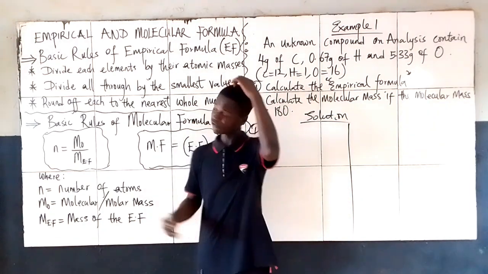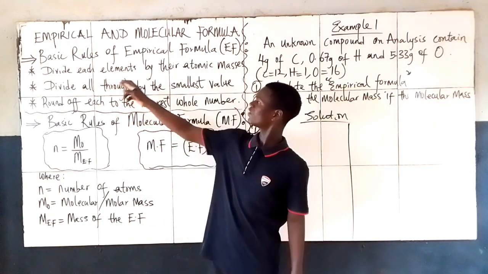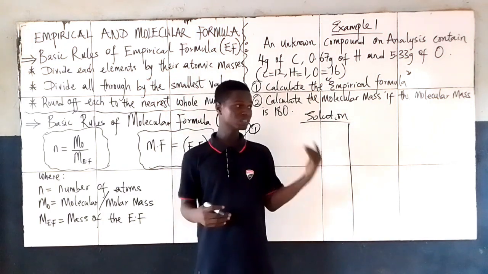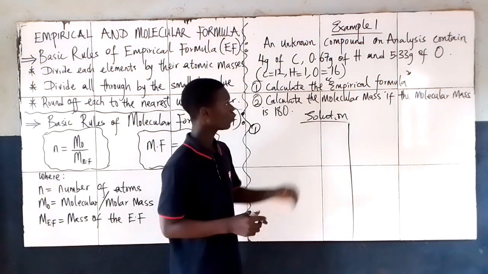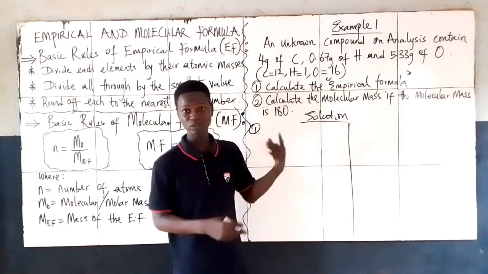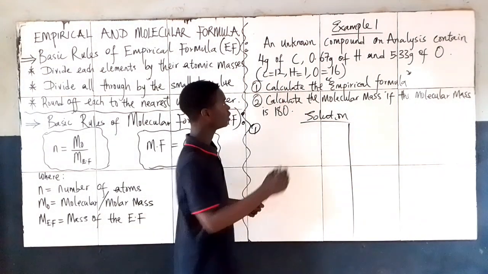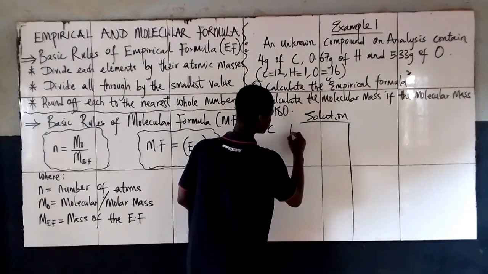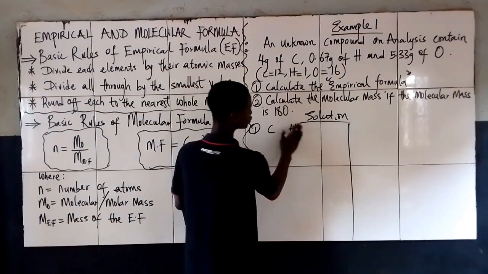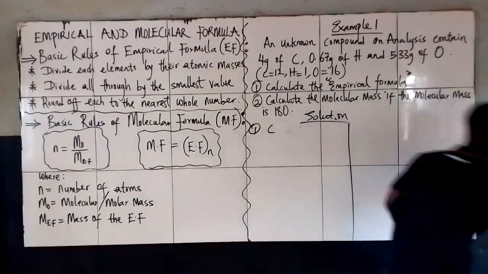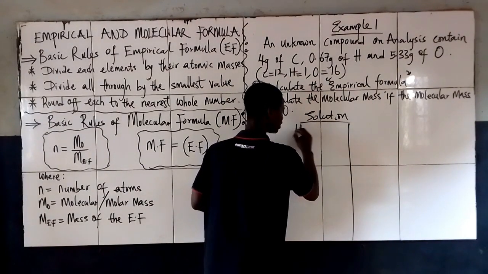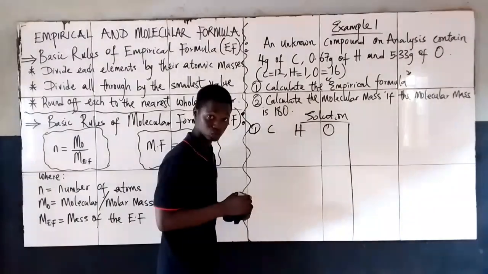So let's get started. The first rule said, divide each element by their atomic masses. Before we do that, what are the elements given? What are the elements that we were told are found in this unknown compound? We were told that carbon is present. We were also told that hydrogen is present. And lastly, we were told that oxygen is present. So we have carbon, hydrogen, and oxygen in this compound that is unknown to us.